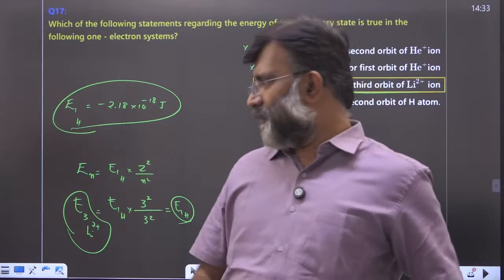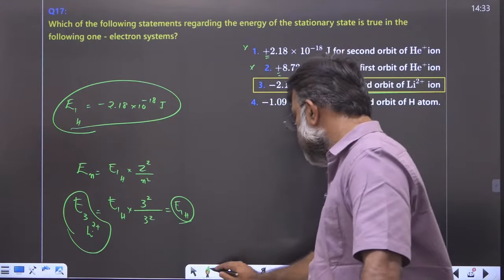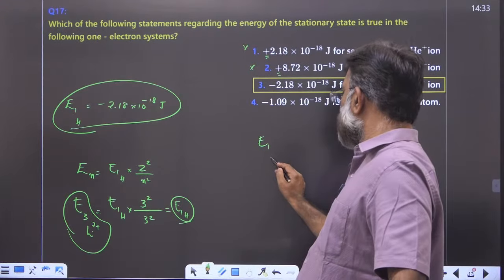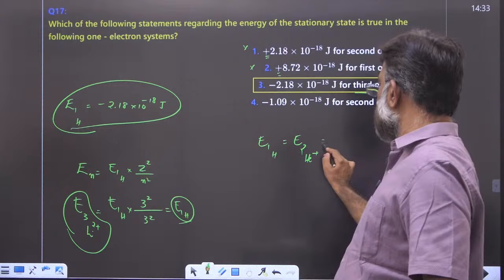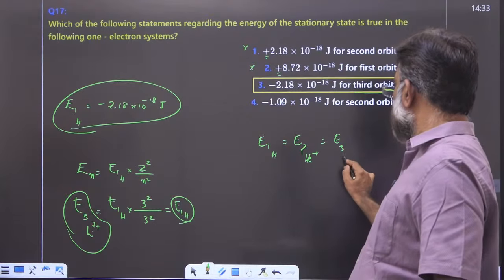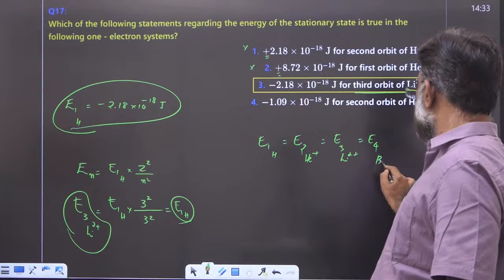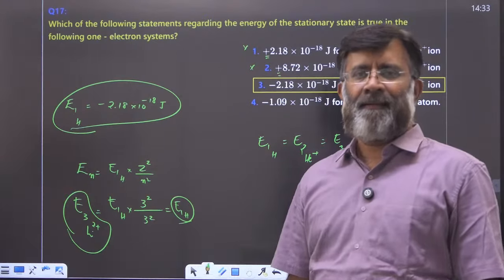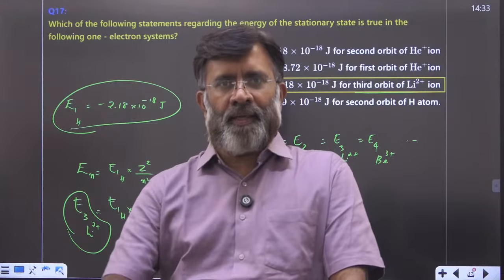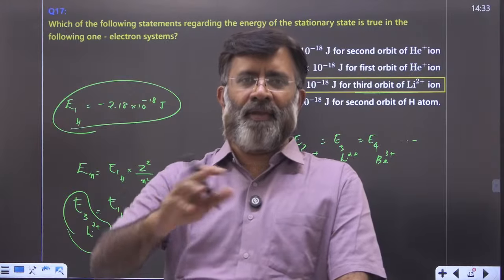There is no need to work this out. We have studied in the class that E1 for hydrogen equals E2 for He+ equals E3 for Li2+ equals E4 for Be3+, or Ez, where Z is the atomic number of any Bohr atom.